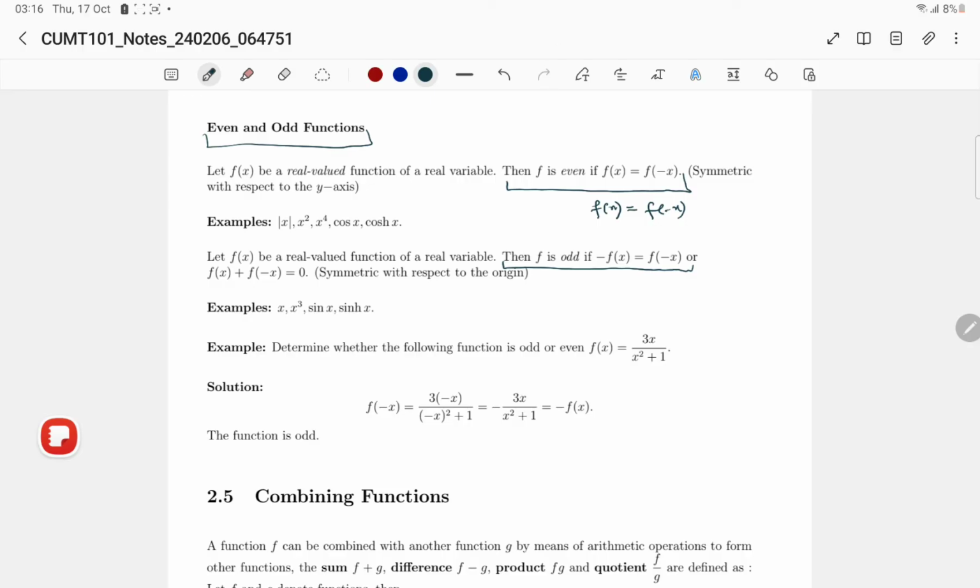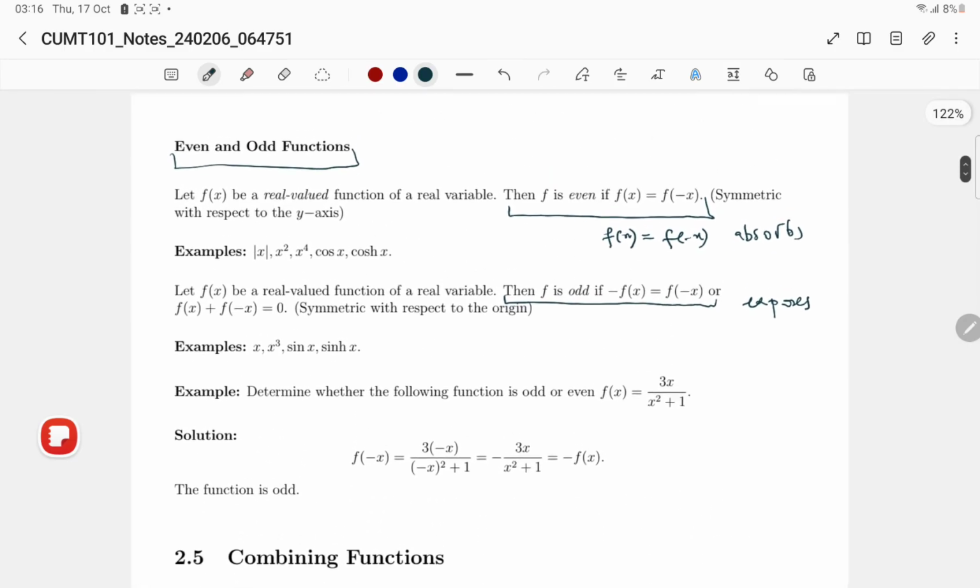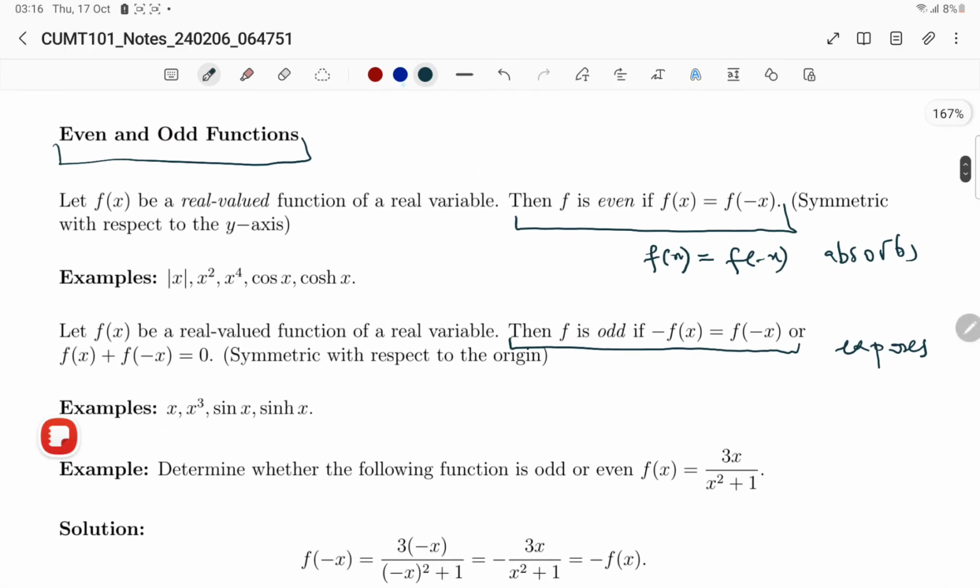So even functions absorb the negative, and odd functions expose the negative. What does that mean? Let's take, for example, some little examples which I have put in place.